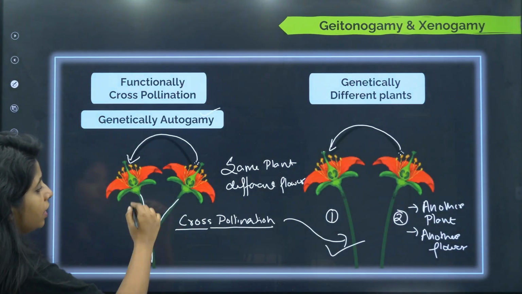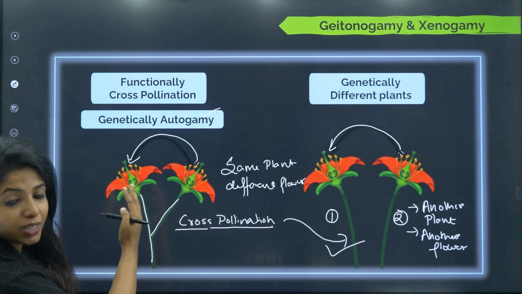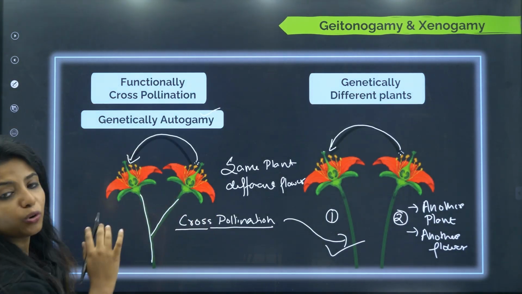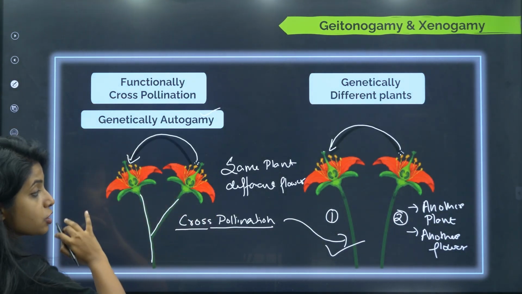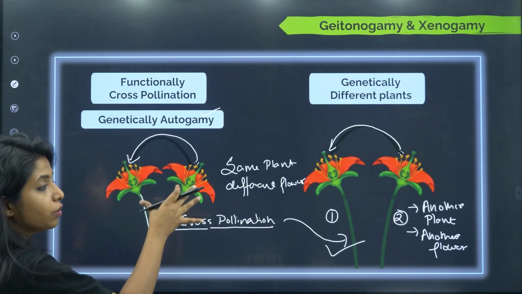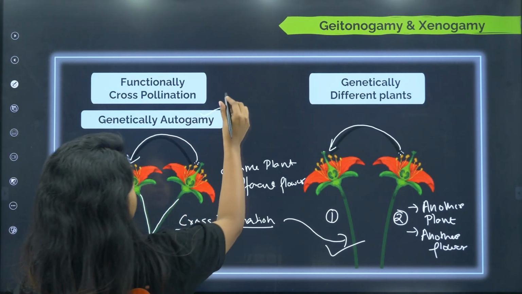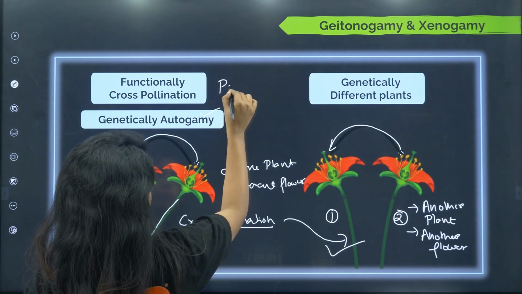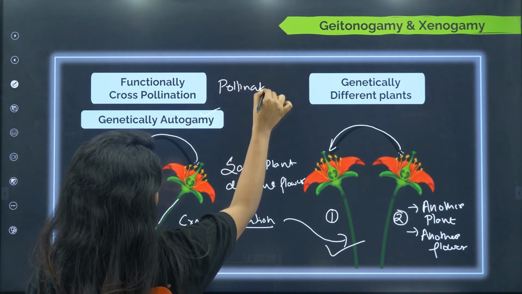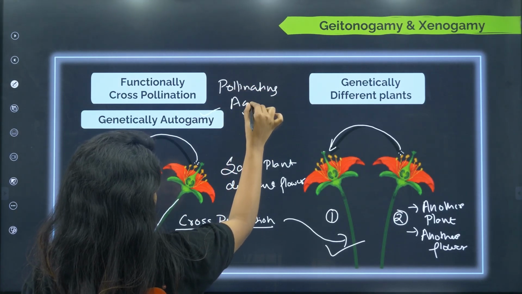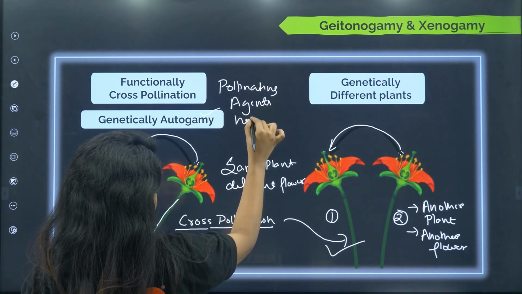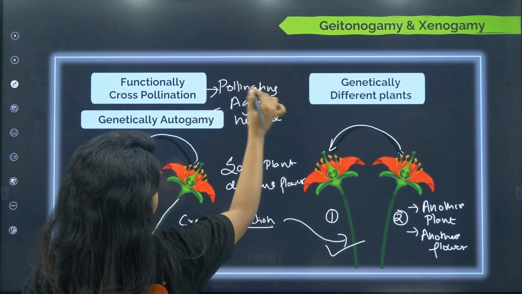So, if you see over here, it is attached to the same plant, so genetics has to be the same. But functionally it is cross pollination because you are talking about two different flowers. Now, do you need pollinating agents, children? Yes. Pollinating agents are needed, both in this as well as this.